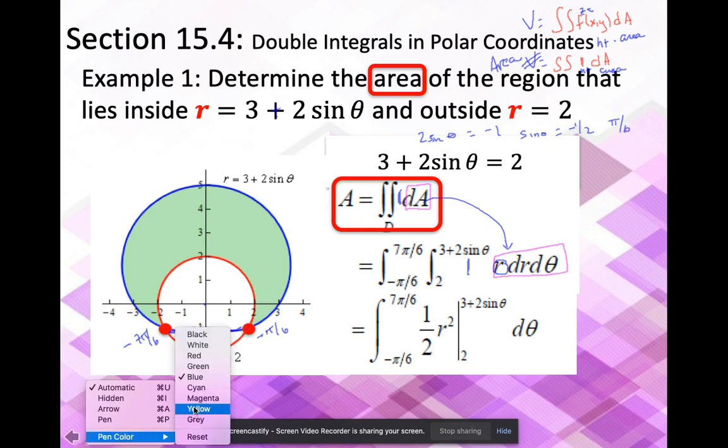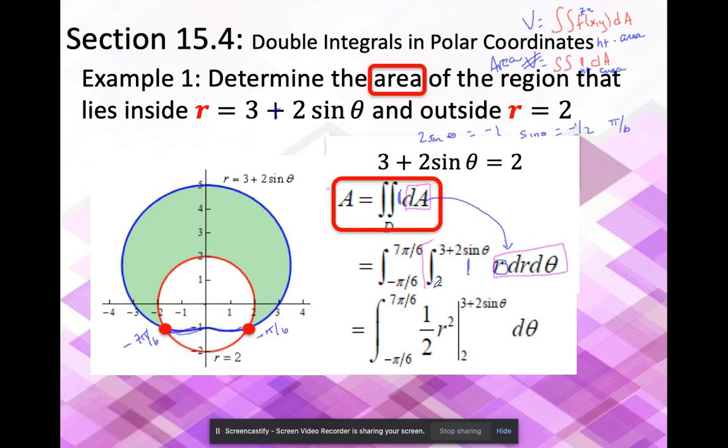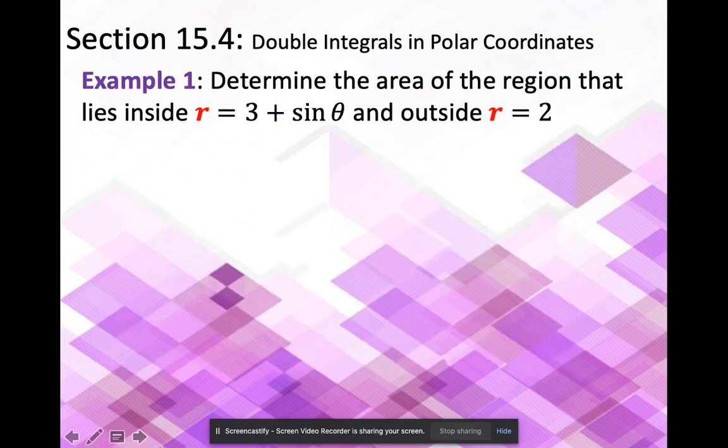So notice I am just integrating on the inside first. I'm just integrating r, and I get r squared over 2, evaluated at r equals 2 and r equals 3 plus 2 sine theta. So I have to do a little bit of algebra. I'll keep the 1/2 on the outside, and then I've got to square 3 plus 2 sine theta, and I've got to square 2.